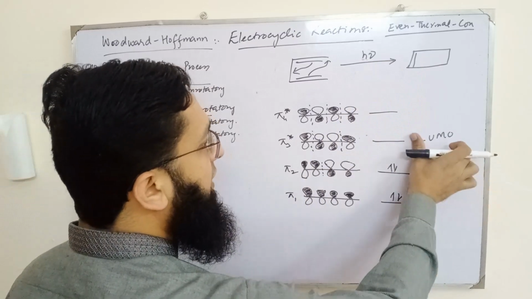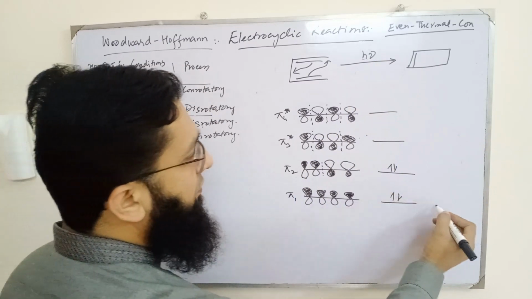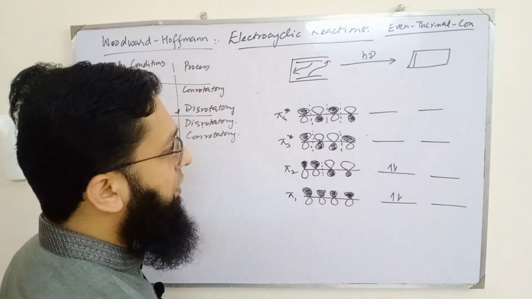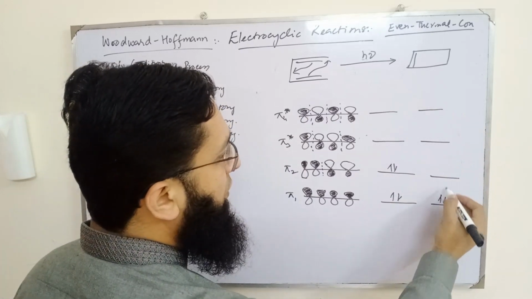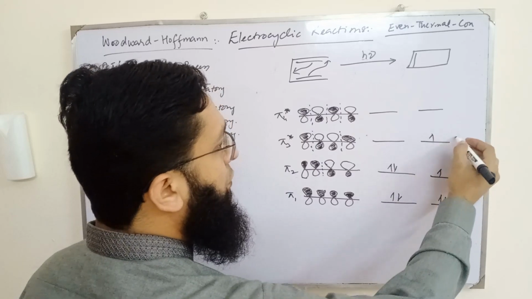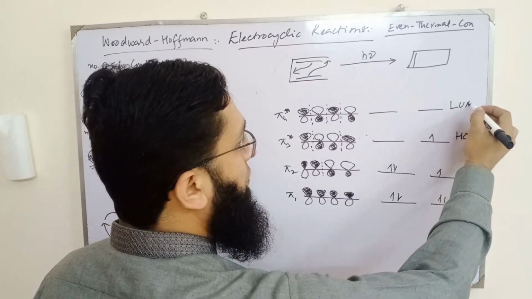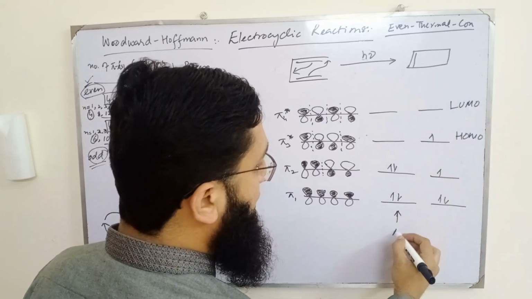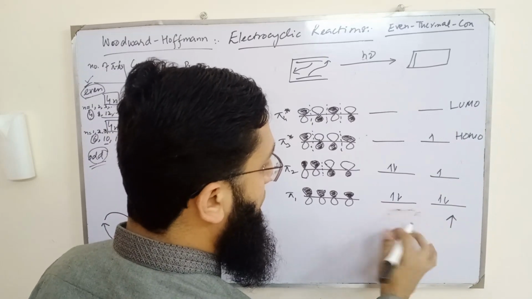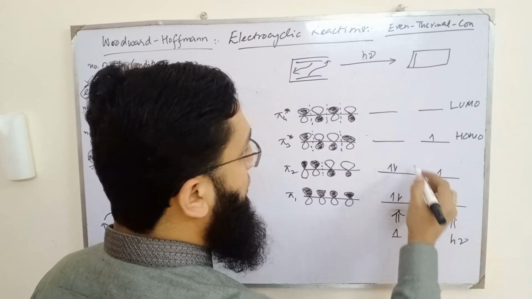What light does differently to heat is that it promotes one electron to a higher energy level, so a new HOMO is formed. So one electron is excited and a new HOMO is formed. This is HOMO now, and this is LUMO. This is under thermal conditions and this is under photochemical conditions.